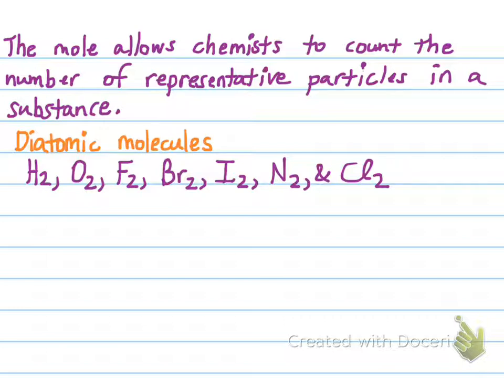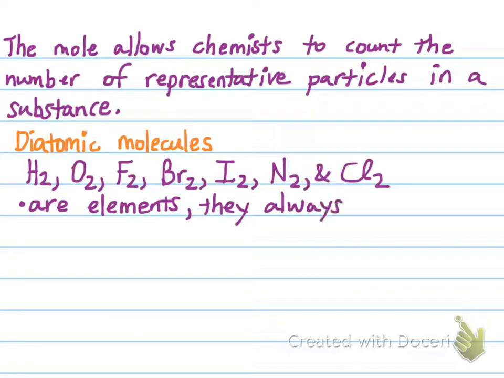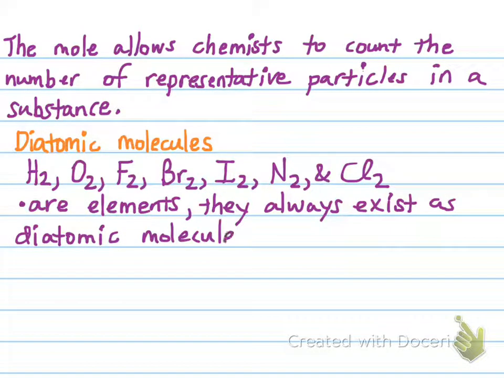What's important about these diatomic molecules is that although these are elements, they always exist as diatomic molecules. So you're never going to see a hydrogen atom all by itself.